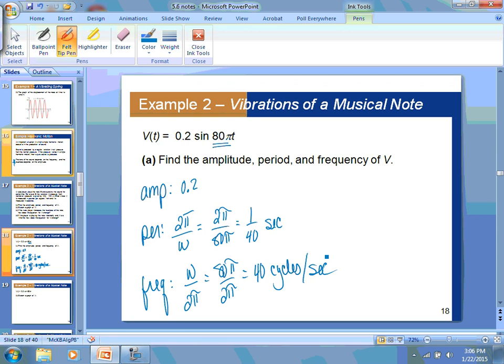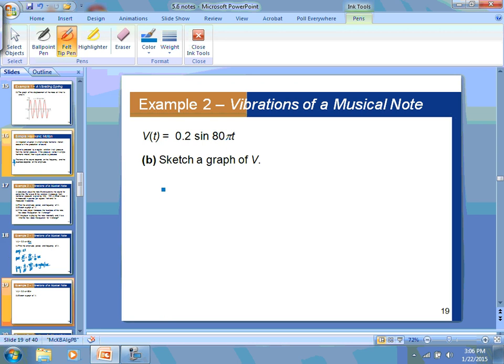So we want to think about that when we're drawing our graph. I don't want to draw a graph where we go out all the way to 1 second and then I have to draw 40 of these little sine curves all smushed together. So I'm going to do a little bit less time when I do my sketch here for my graph. I'm still going to go up to 0.2, and I can still go down to negative 0.2.